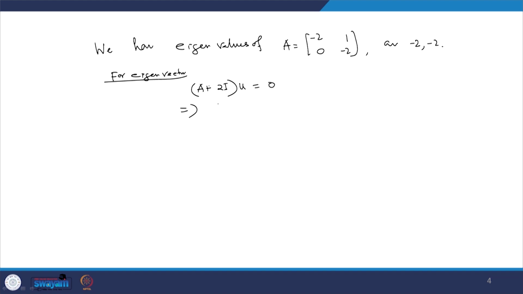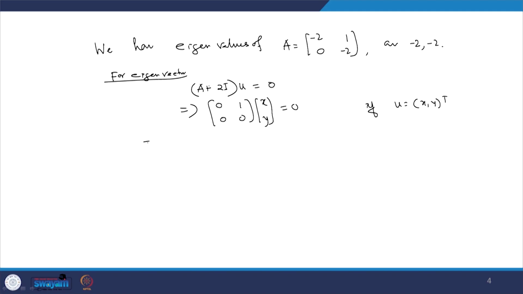So, this implies 0, 1, 0, 0 operating on x and y equal to 0, if u is equal to, I have considered, (x, y) transpose.